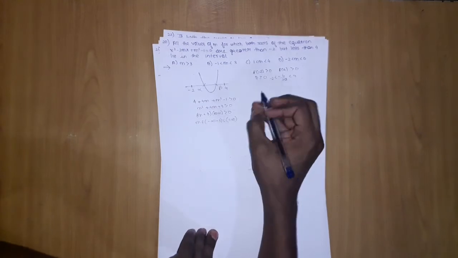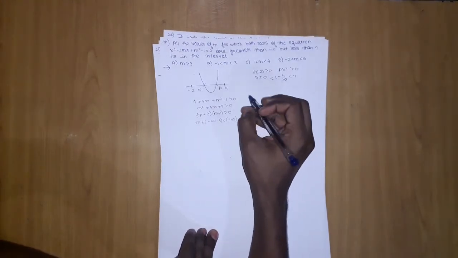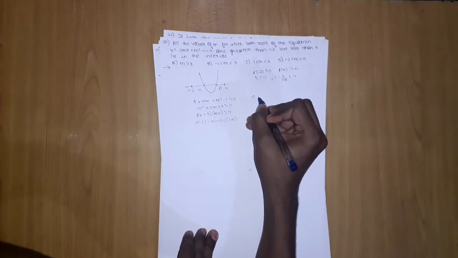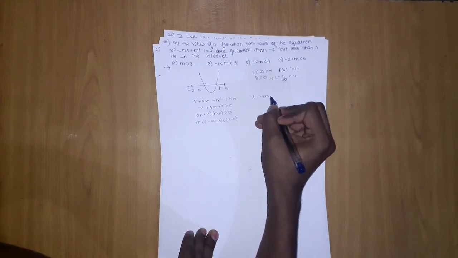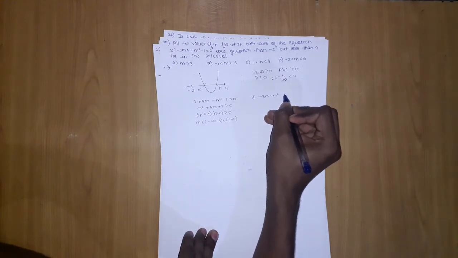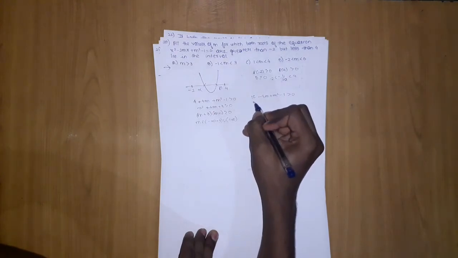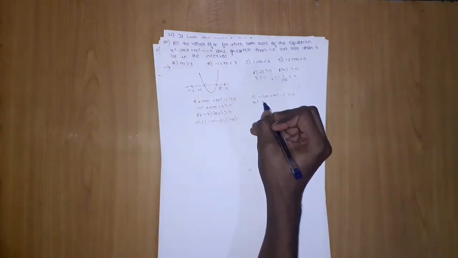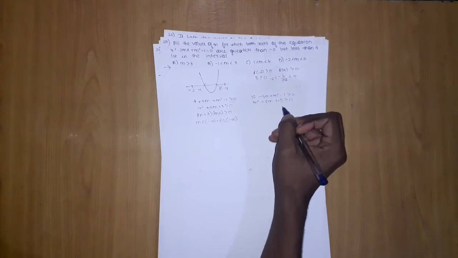Moving on, f of 4 should be greater than 0, so it will be 16 minus 8m plus m square minus 1 should be greater than 0, right? This will become m square minus 8m plus 15 should be greater than 0.